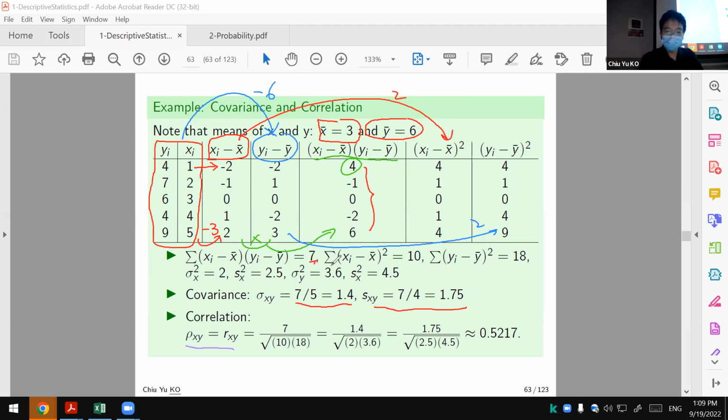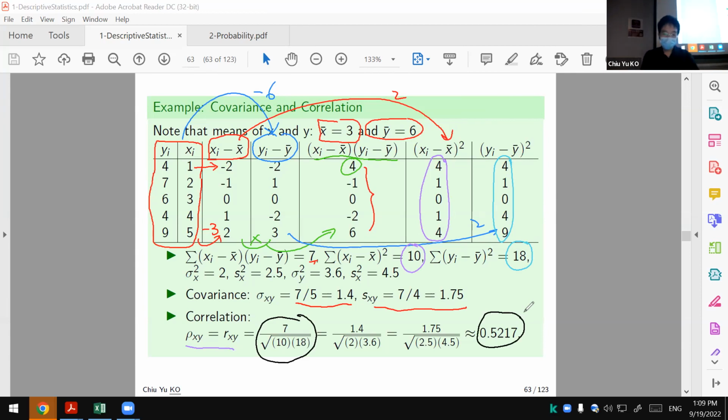That can be figured out by finding the sum of this row, which is 10, and the sum of this row, which is 18. And you can immediately see our formula here: 7 over the square root of 10 times 18 is already answered. So that is the fastest way to calculate the correlation coefficient.